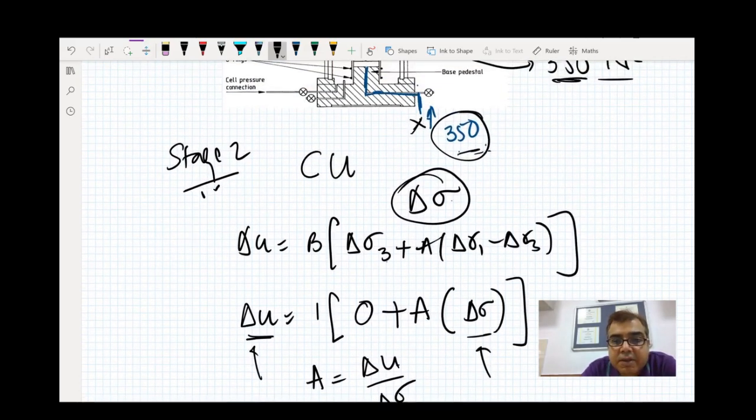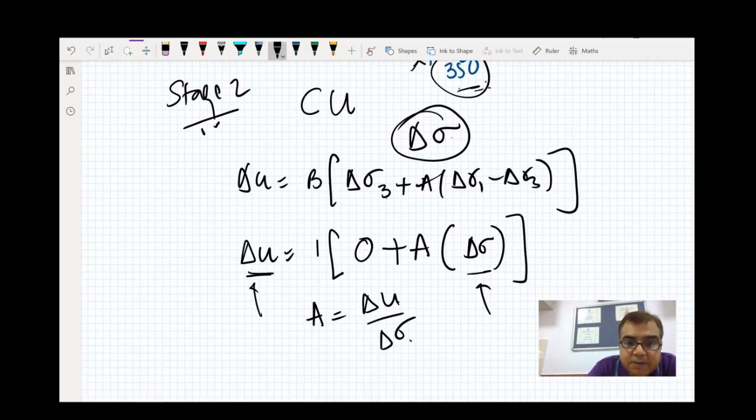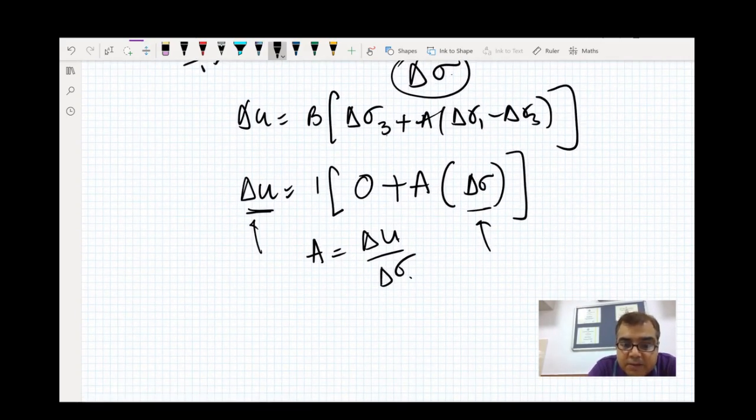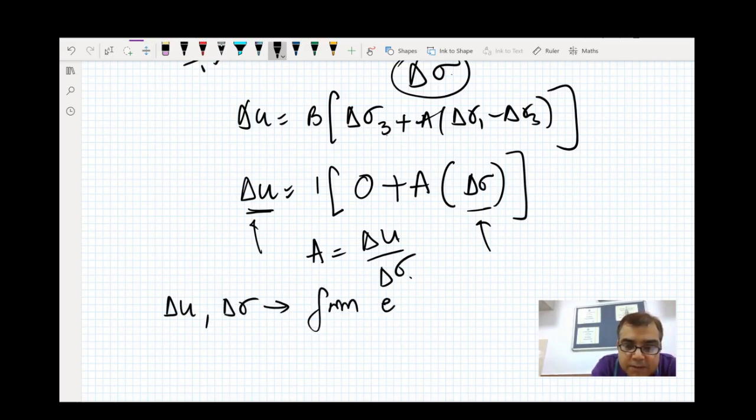So whatever is the change in sigma, it starts from the end of consolidation. So please do remember, delta U or delta sigma are measured from end of consolidation. So all changes are measured with respect to once the consolidation is over.